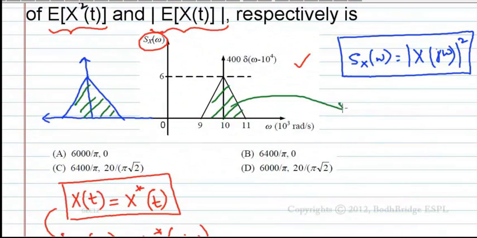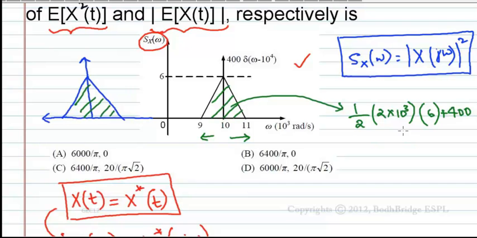Area of this is how much? Triangle, half of base into height. Base is how much? 11 minus 9, that is 2 into 10 power 3. Height is how much? 6. Plus, there is a delta function. Area under the delta function is 1. Therefore, 400 into 1, that is 400.